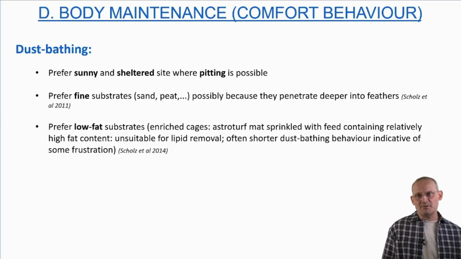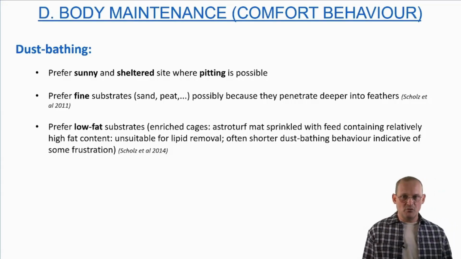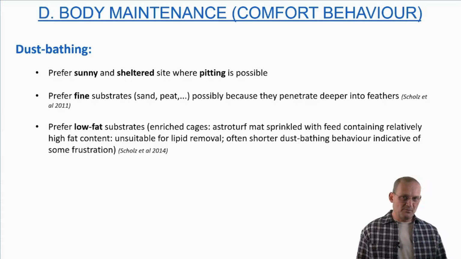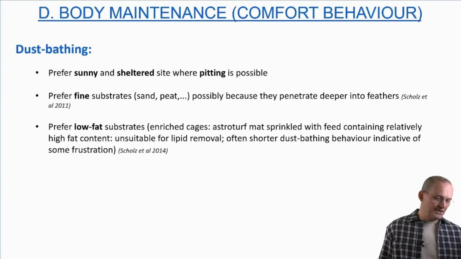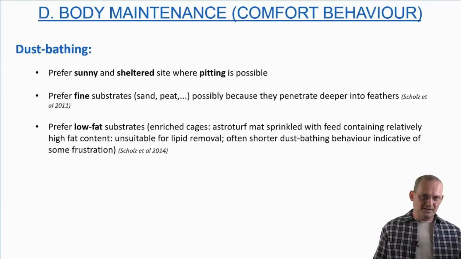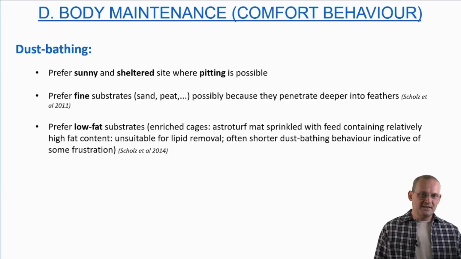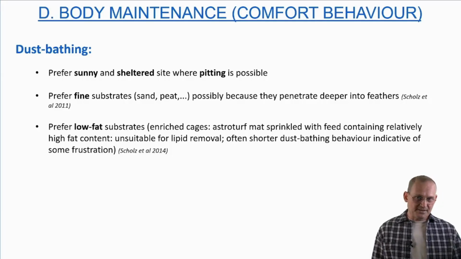They also prefer substrates that have a low fat content, and that might be a problem in, for example, enriched cages, in which often these astroturf mats are used to allow dust bathing behavior, and then they are sprinkled with a bit of feed, but the feed often contains a lot of fat.